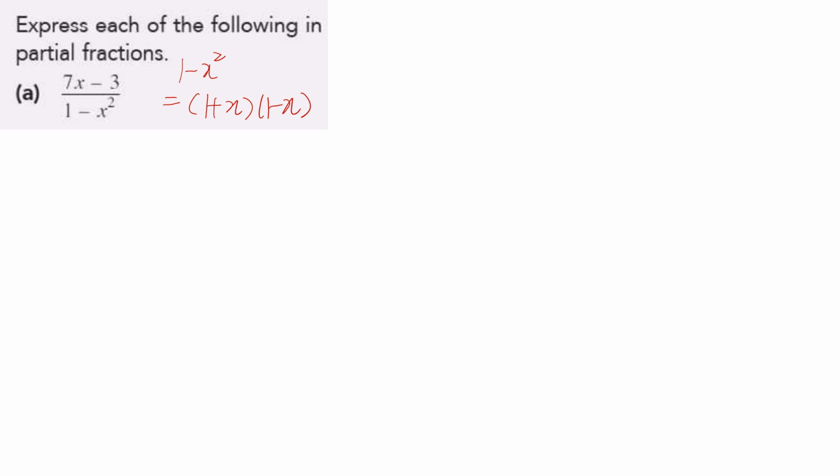What we are applying here is one of the algebraic identities, a squared minus b squared, which can be factorized into a minus b times a plus b. So what we have as a denominator are two linear factors. Linear in the sense that the power is 1, x to the power 1. So there are two linear factors.